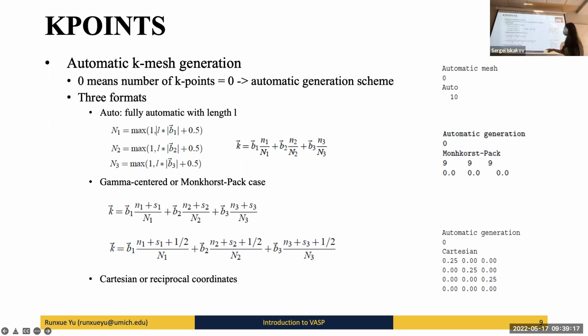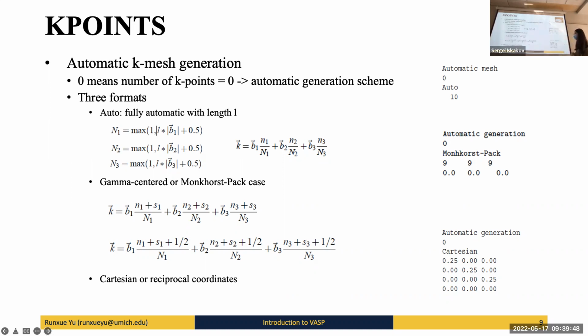And another one is the gamma-centered or the Monkhorst-Pack case. So this one is the formula for the gamma-centered K mesh, and this one is for the Monkhorst-Pack case. And then you can label it here, and this line means the large N1, N2, N3, and this line means S1, S2, S3.